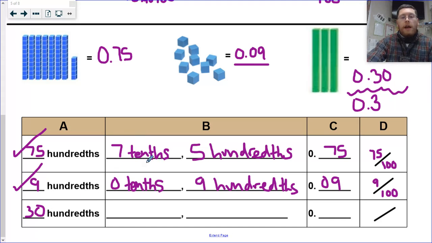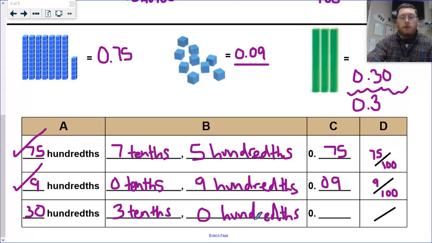All right. Now, how many tenths did I have? Well, I technically have 3 tenths. Okay. And how many hundredths do I have? I have 0 hundredths. Okay.